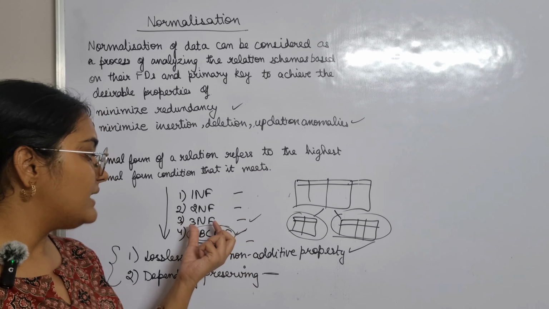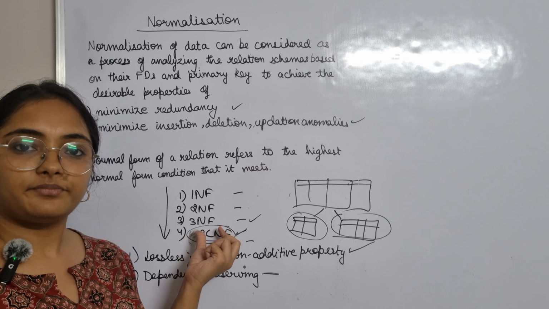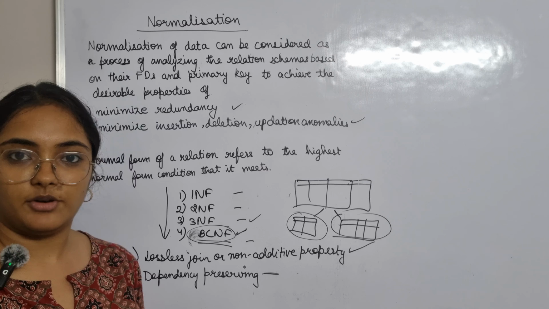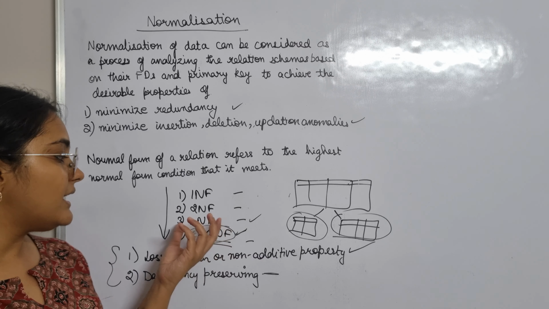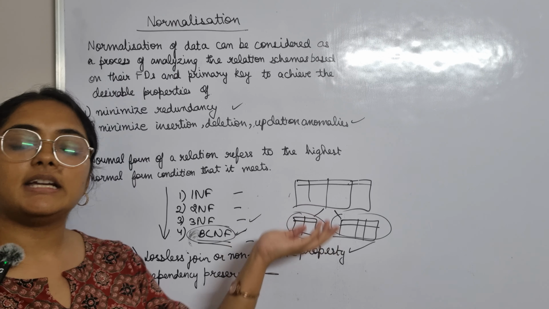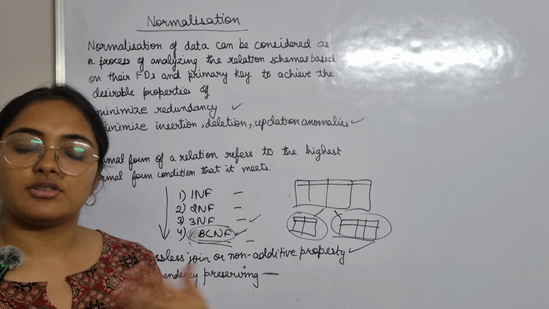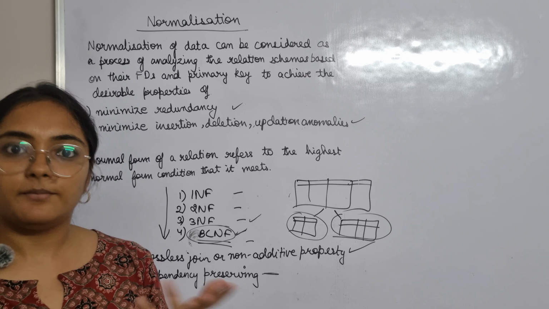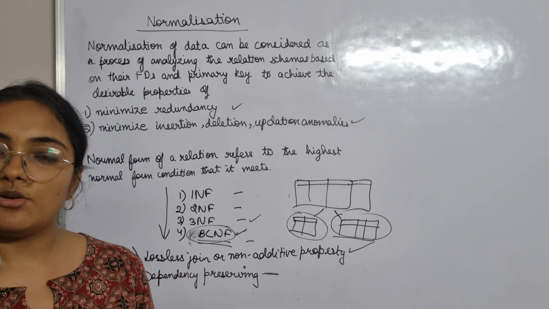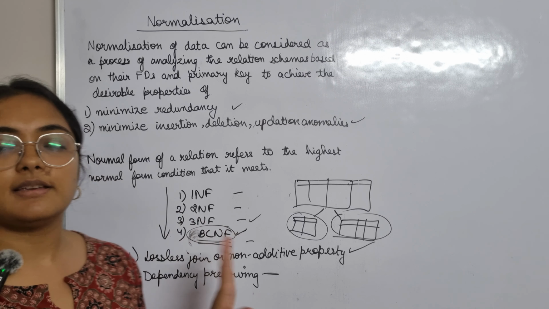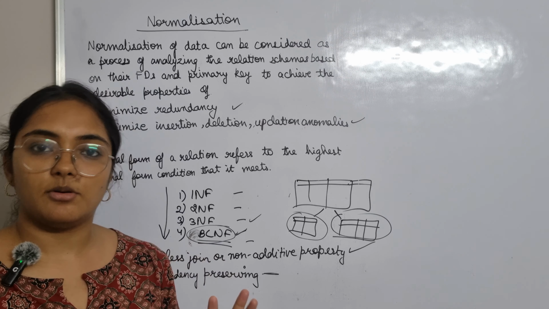Even if it is normalized till third normal form, maybe it is good. So you do not need to always go to the highest normal form. There are certain reasons why we might avoid normalizing the relation schemas further, based on complexity, what you desire, and all of that. So it is not always important to normalize to the highest normal form.